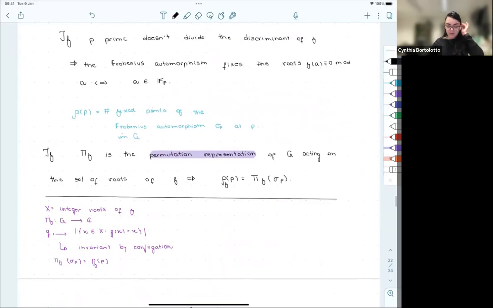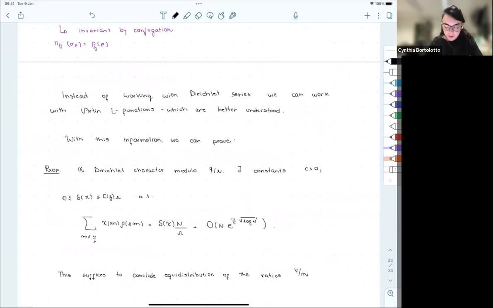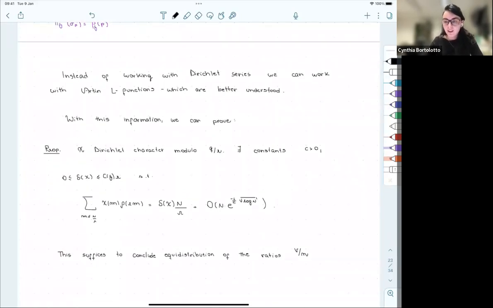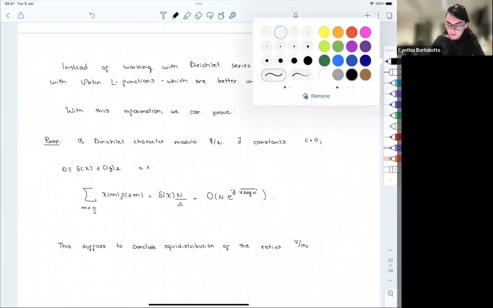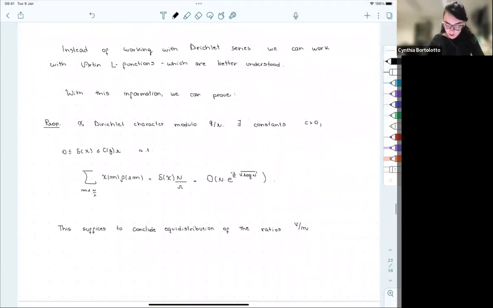And then we use what we know about Artin L-functions to analyze the decay of this L-function near the line real part of s equals 1. And we can show some result like this.